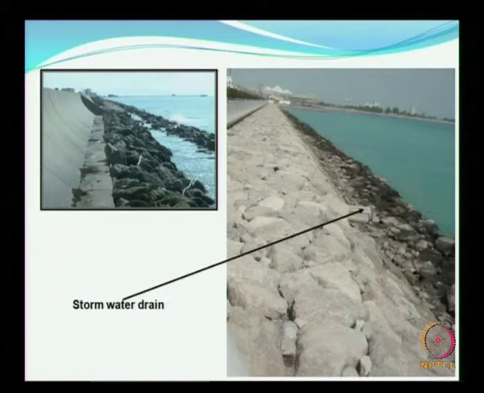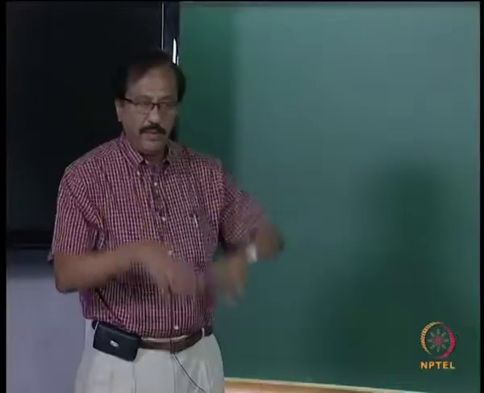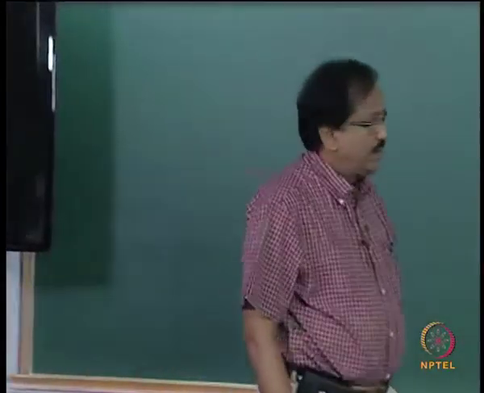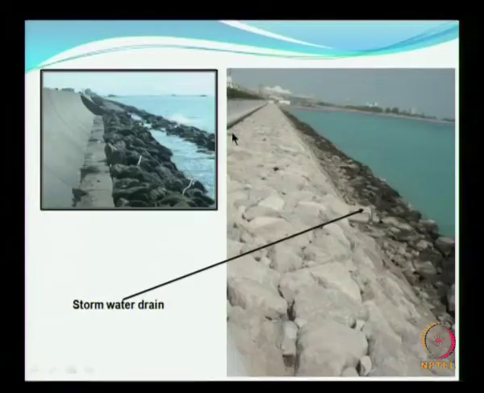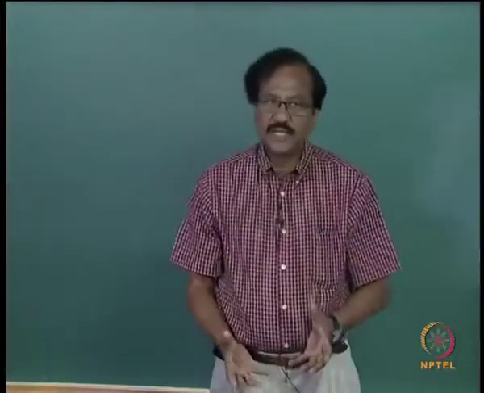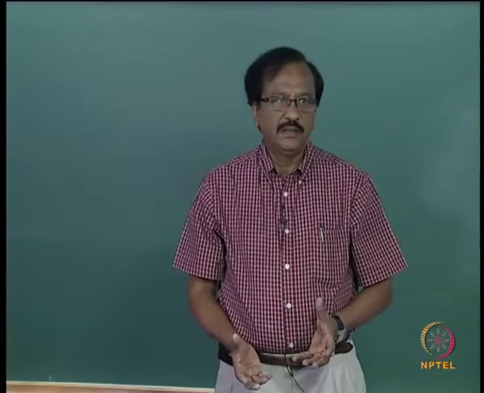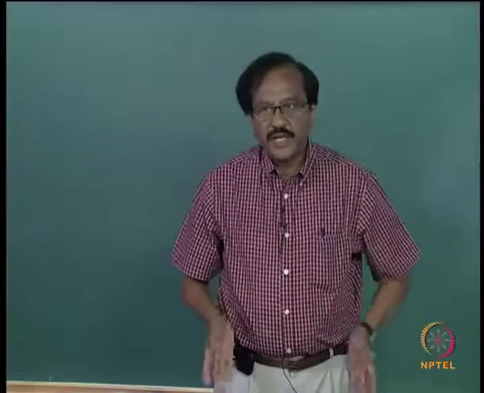In the rubble mound sea wall, note that the drainage is also very important, because when there is a monsoon, the water which gets accumulated on the lee side, and if it starts penetrating, what will happen? There can be a settlement of the sea wall and the whole thing can be washed off.